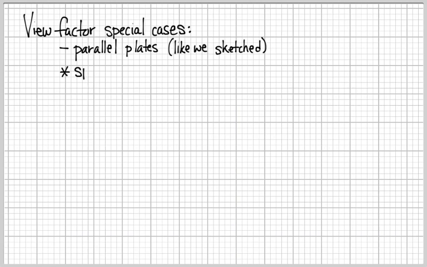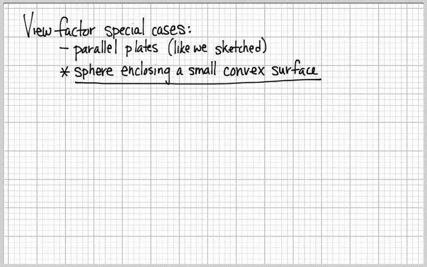The view factor can have a couple of special cases, right? The view factor where I have parallel plates, like we just sketched originally. A view factor where I have a sphere that is enclosing a much smaller convex surface, basically just like the sky dome that we had mentioned.